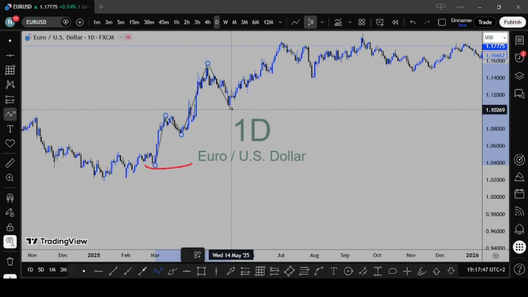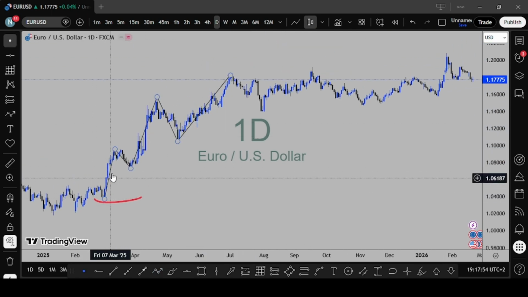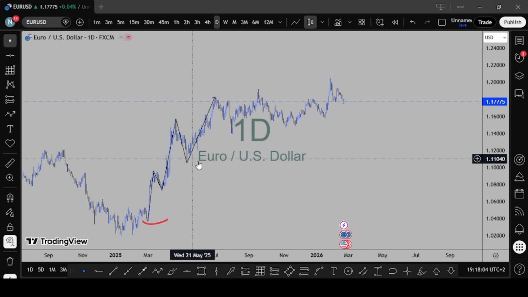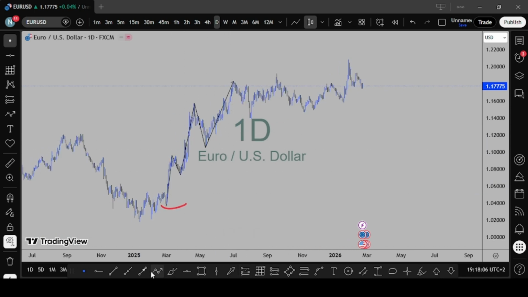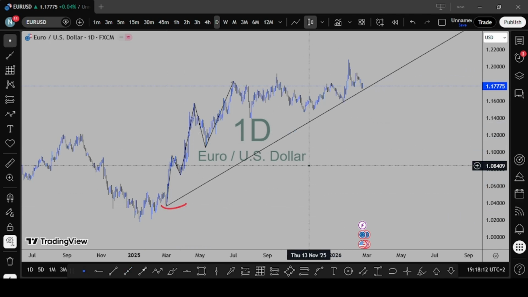After creating a new high, we see a low, and then we see another high. So you notice price is creating a series of higher highs and higher lows, just like that. As you can see, the market is heading to the upside. So this is what we call a bullish market.